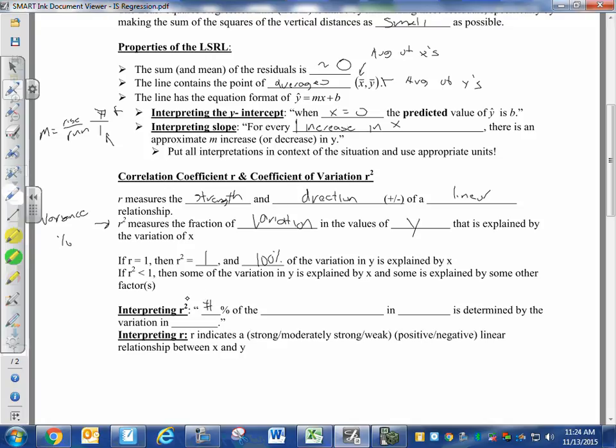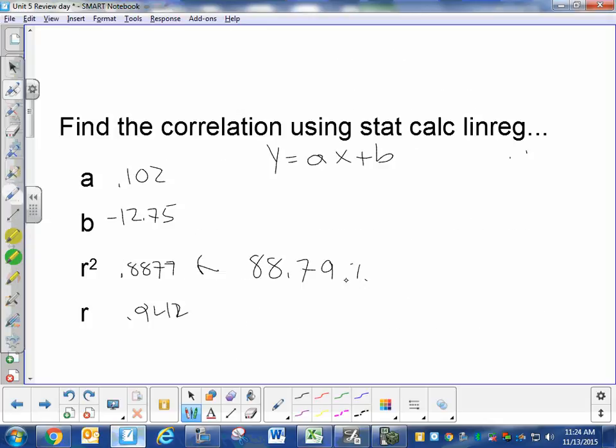Okay? We would say the percent of the variation in y, and typically what you'll say is y is going to be the context, is determined by the variation in x. And same thing, you're going to use the context for what x stands for. So back to here, 0.8879, 88.79%. And if you have your notes out, this is what you'd write.